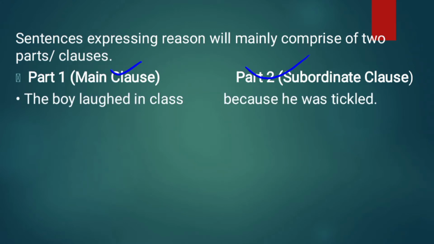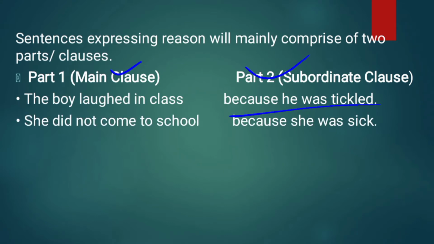The boy laughed in class. This is the main clause. This is what happened. Why did this boy laugh in class? Because he was tickled. This is the subordinate clause. It is containing the reason as to why the boy laughed in class.